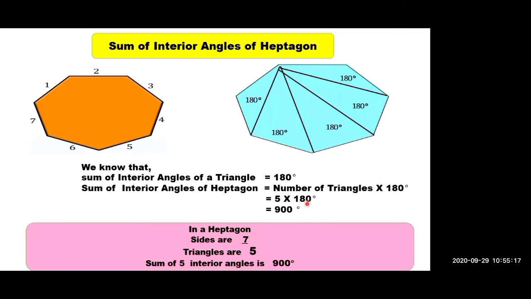So 5 into 180 equals 900 degrees. Okay. Hence, we can conclude that in a heptagon, sides are 7, triangles are 5, and sum of interior angles is 900 degrees.